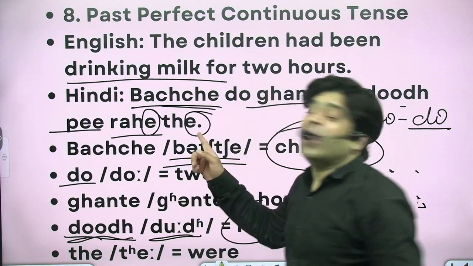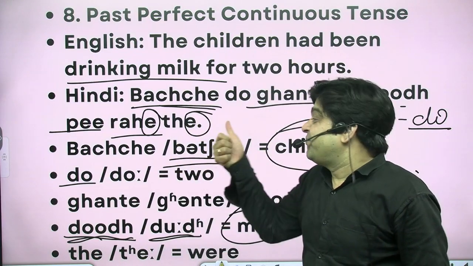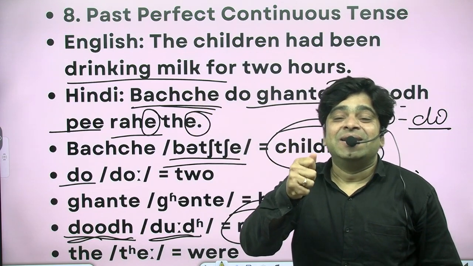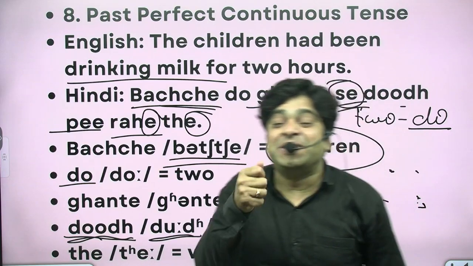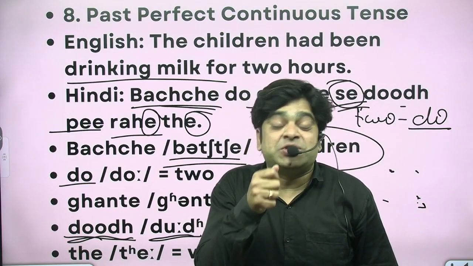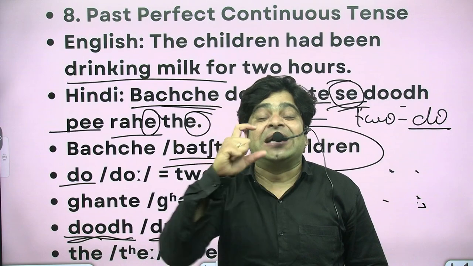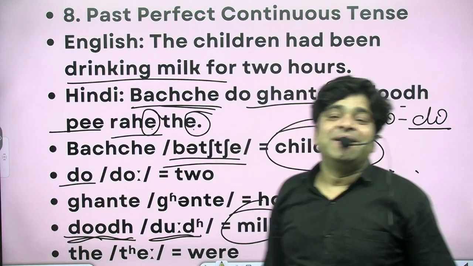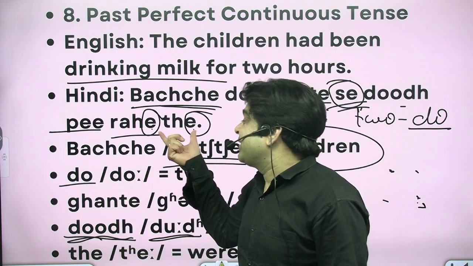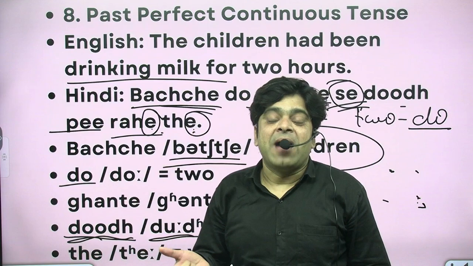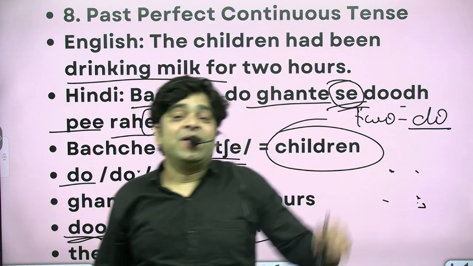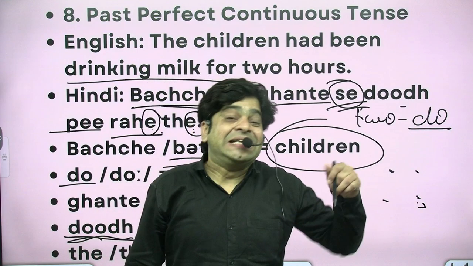It's plural: rahe the. If it were a singular subject, like the child had been drinking milk for 2 hours, a single child, it would be raha tha. Got it? If plural, rahe the. I hope it's clear. Now you can replace the subject.